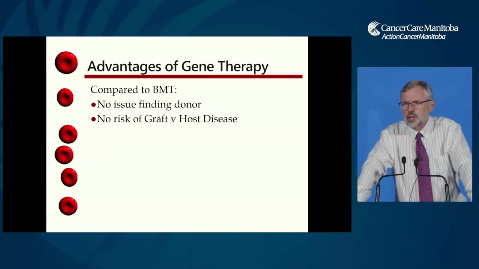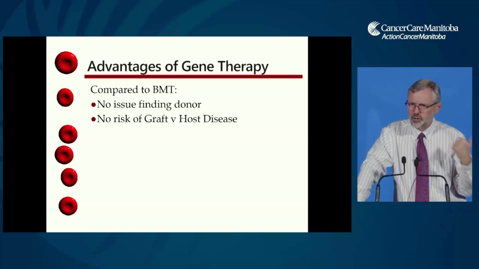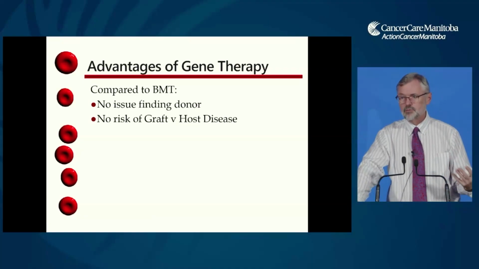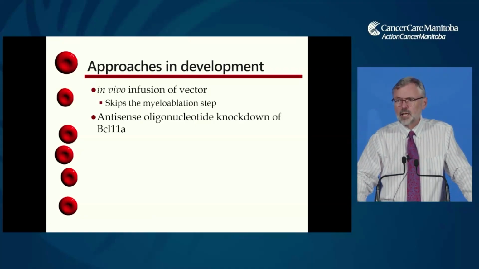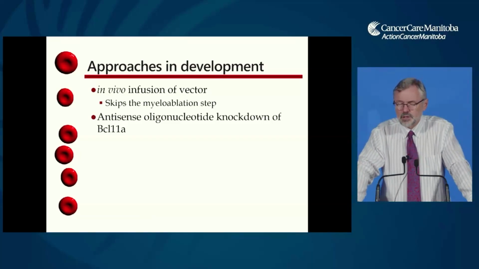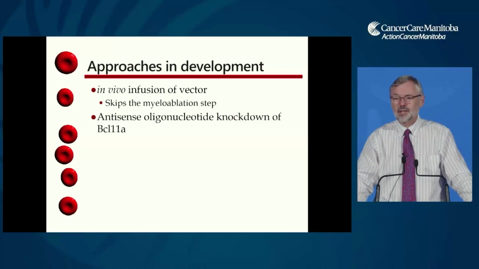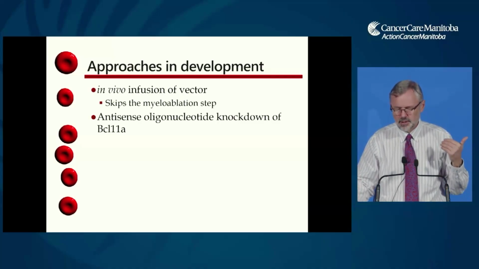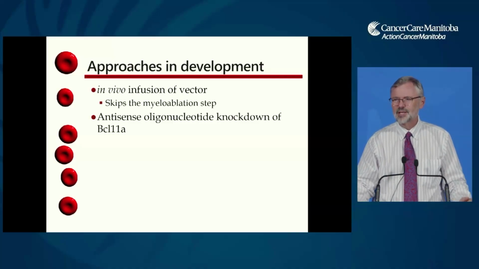Compared to gene therapy, bone marrow transplant has one huge advantage. You don't have to worry about finding a donor. It's the patient's own cells, and so there's no risk of graft versus host disease. Those are big advantages. Disadvantages are also cost. So at the moment, the US list price for one of those gene therapy products is $3.1 million. The other one is $2.2 million US.